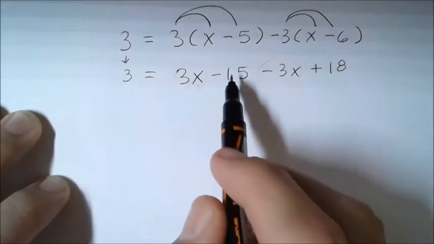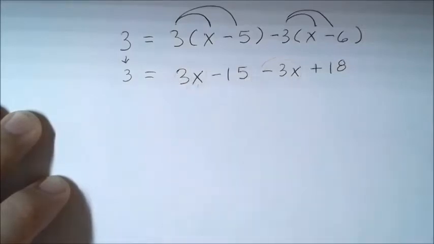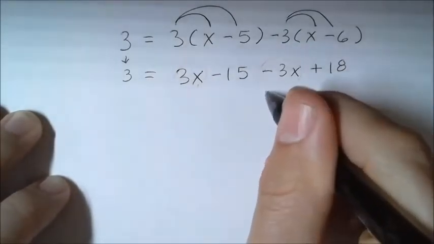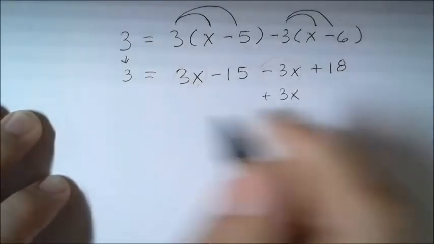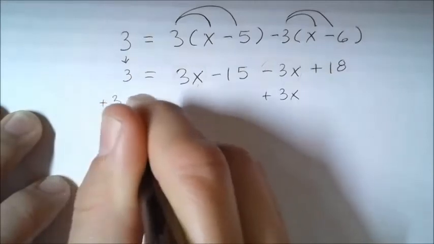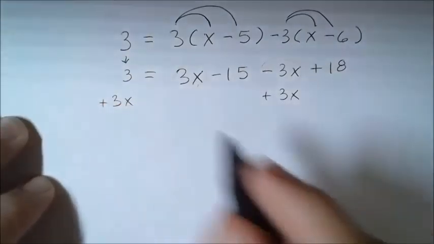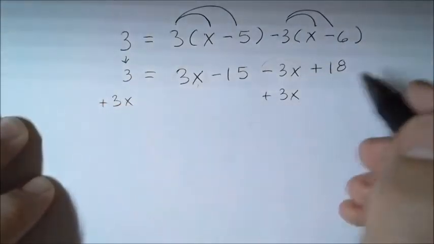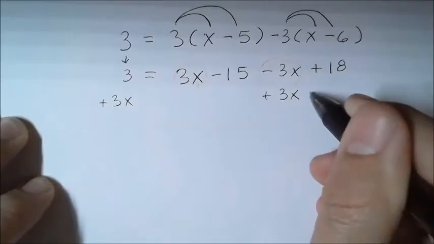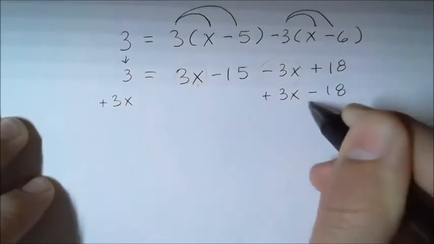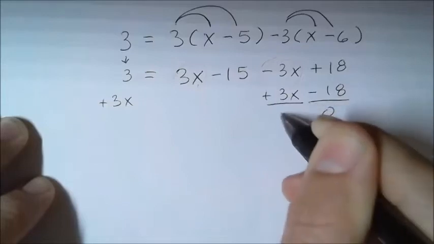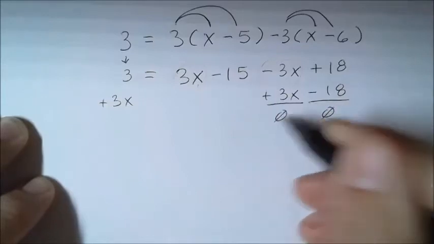lines. Now if we look at our y-intercepts, let me rearrange this just so you can see. If I were to say positive 3x, because I want to make this point, and then I were to subtract my 18 as well, that gives me 0 here, and that gives me 0 here.